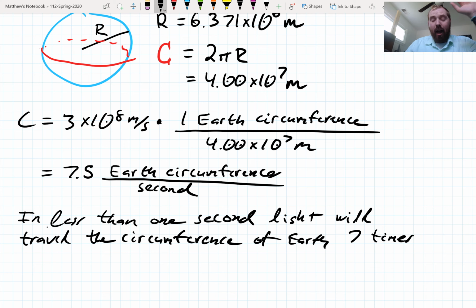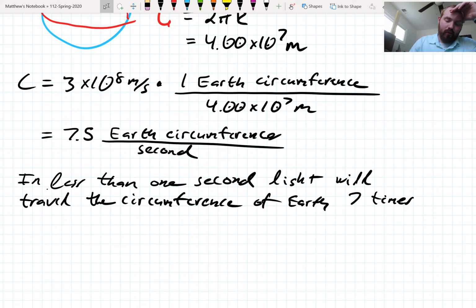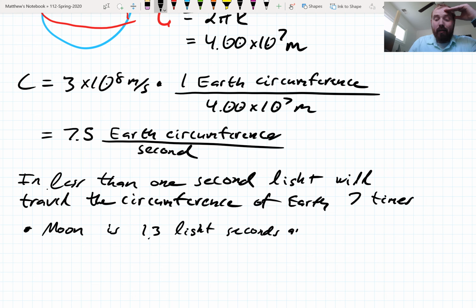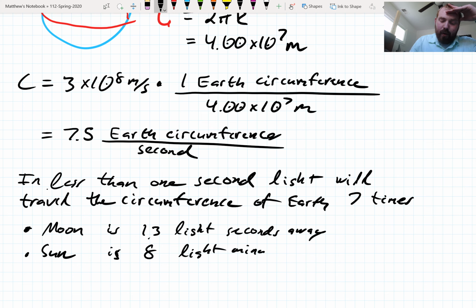That is how blistering fast the speed of light is. Start putting the universe to scale. The moon is 1.3 light seconds away. It takes light more than a second to get there. The sun is about 8 light minutes away. So there we have summarized just how insanely fast the speed of light is.